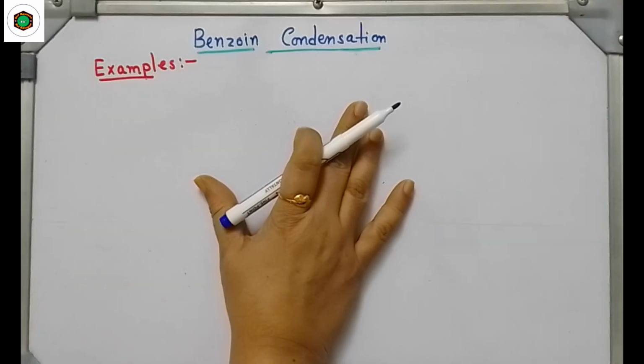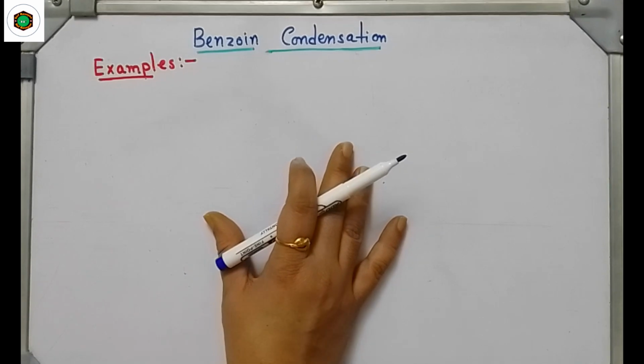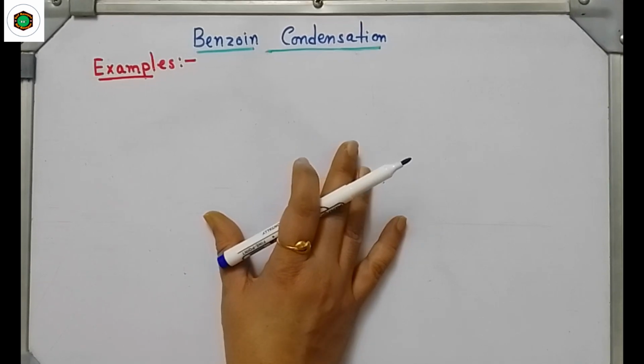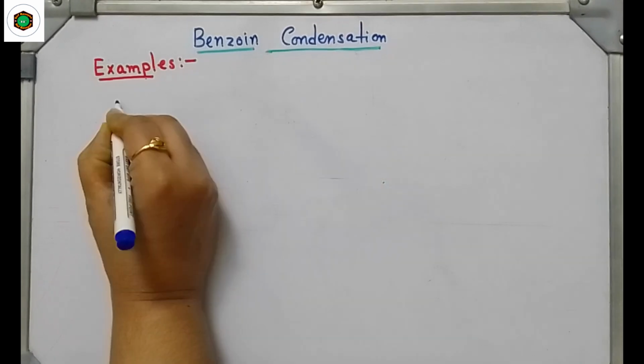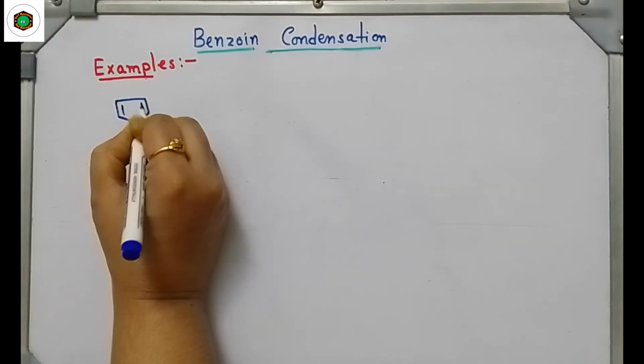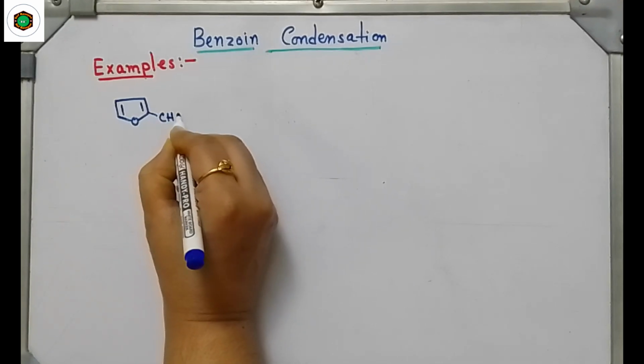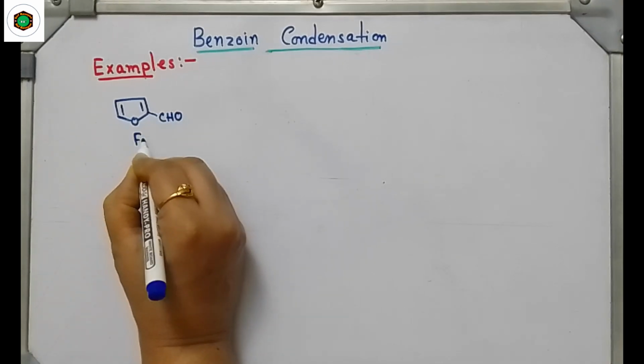Now we will see some more examples. Remember, heterocyclic aldehydes undergo benzoin condensation. So this is furan. If one CHO group is present here, it is called furfural.